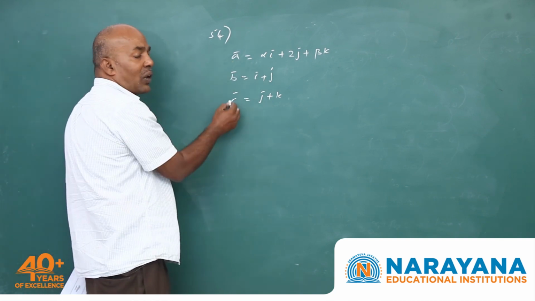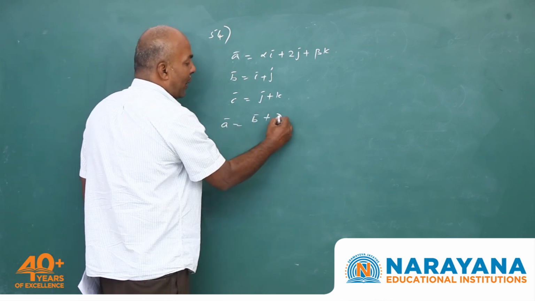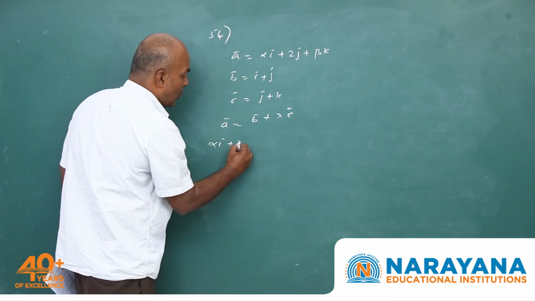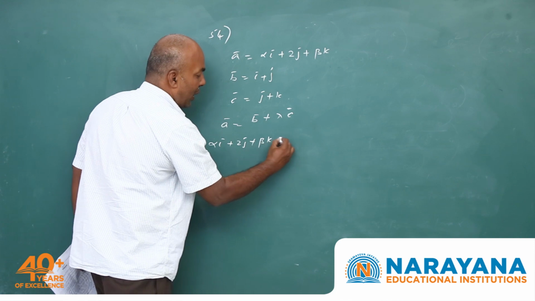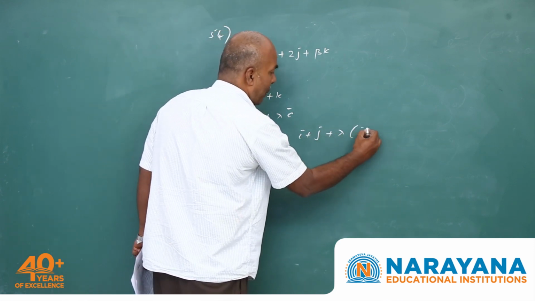Since these three vectors are coplanar, I will write a bar equal to b bar plus lambda into c bar. So what is a bar? That is alpha i plus 2j plus beta k equal to i plus j plus lambda times j plus k.